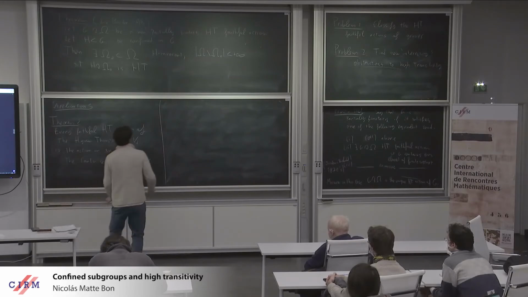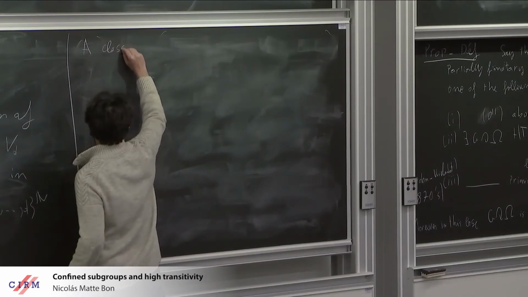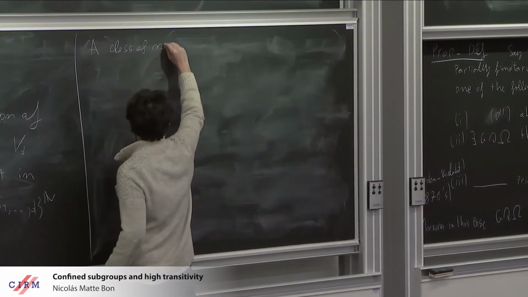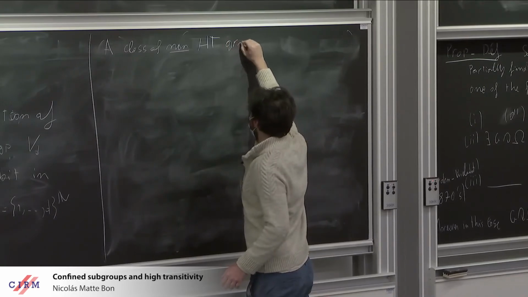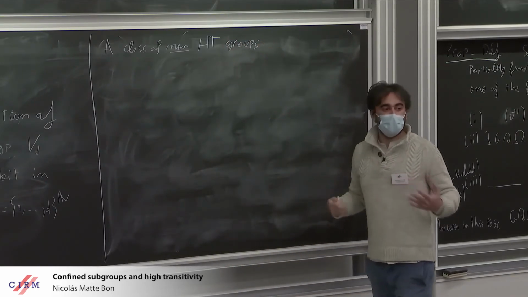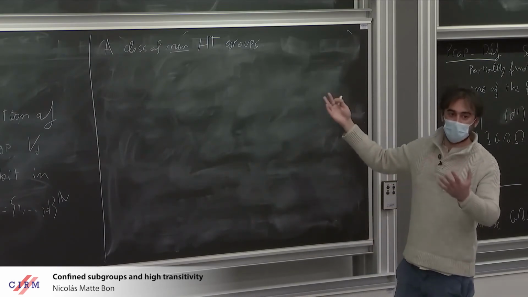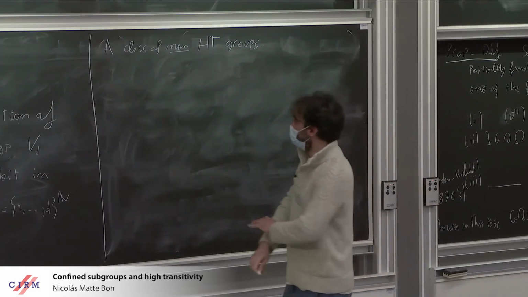So I want to explain how to obtain a class of non-highly transitive groups which do not satisfy any really obvious obstruction to high transitivity, also arising from dynamical systems, like groups of dynamical origin, I would say.